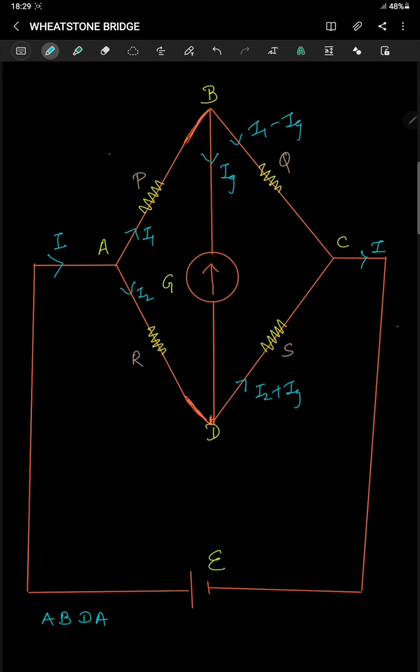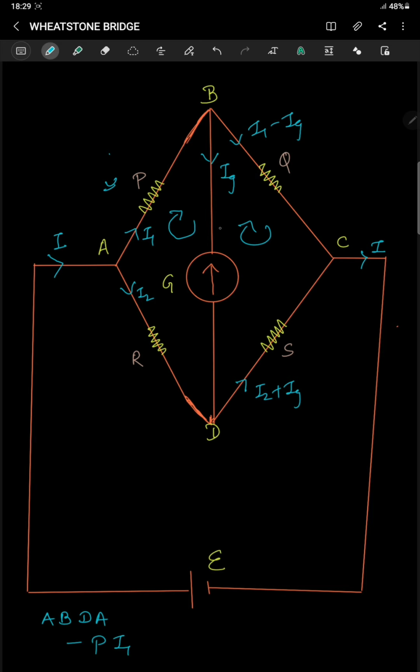We'll consider this loop, and I have told you if we want to apply KVL, we have to first choose the direction. So we have taken clockwise as the direction in both the loops. Once we have chosen here, for the resistor P, my direction and current direction are the same. So I will put minus P I1, the sign convention which I have told.